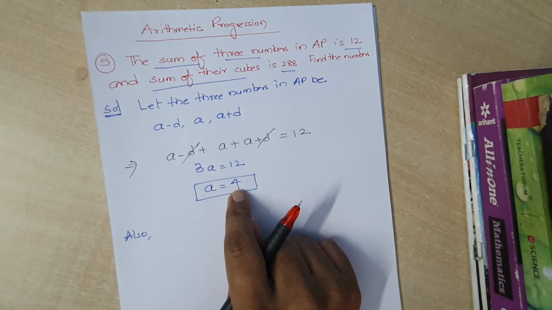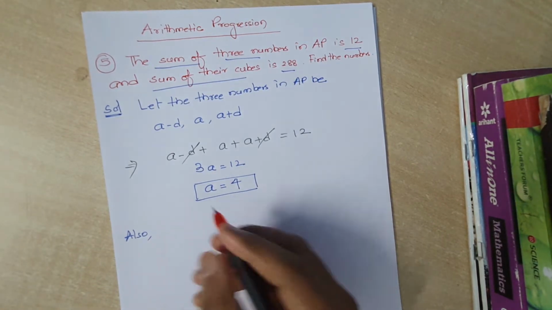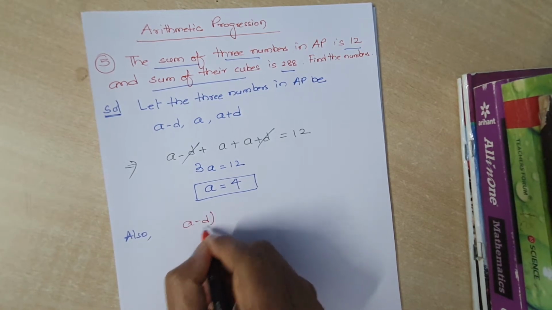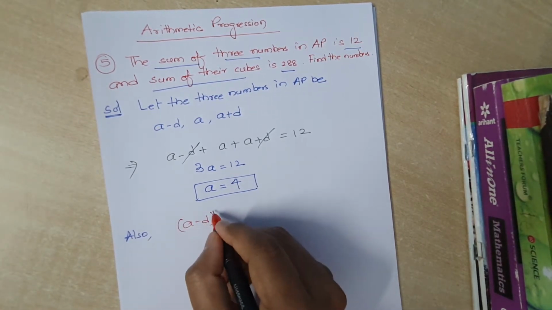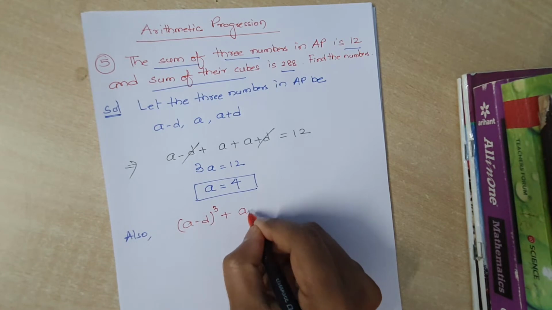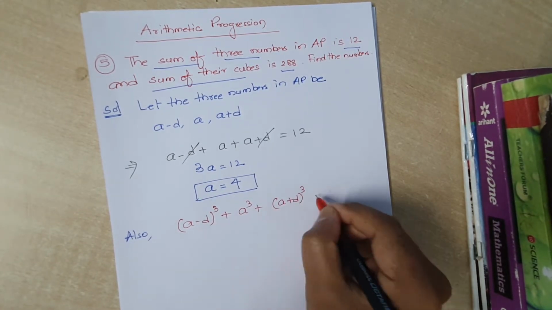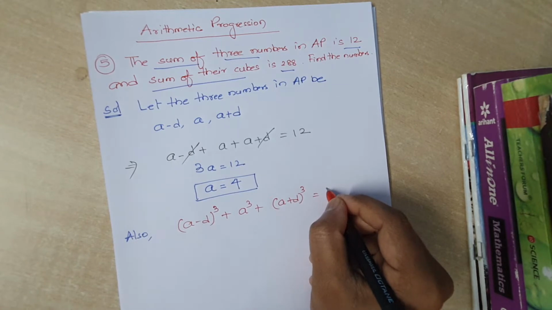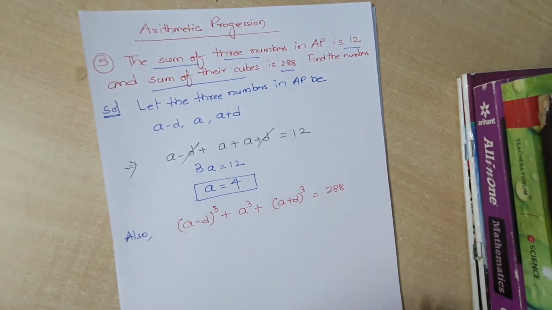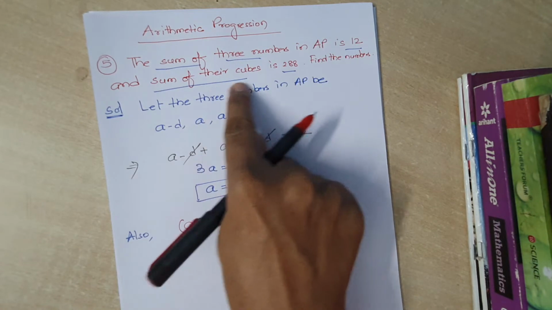We have got 4, no? So you can directly write 4 instead of A. But let us say A minus D, we'll write it in another step. A minus D whole cube plus A cube plus A plus D whole cube is equal to 288. Given in the question, sum of their cubes is 288.